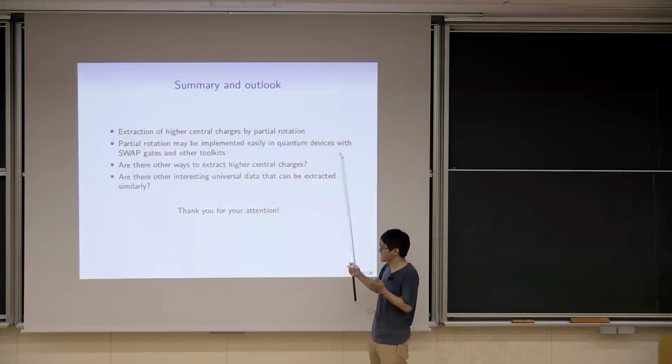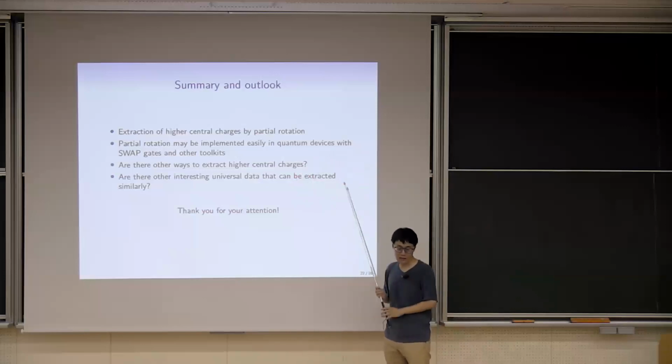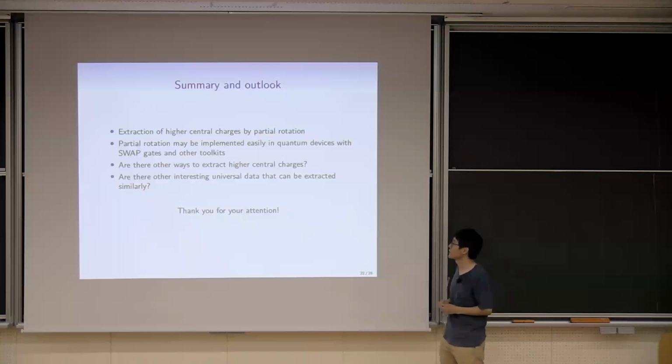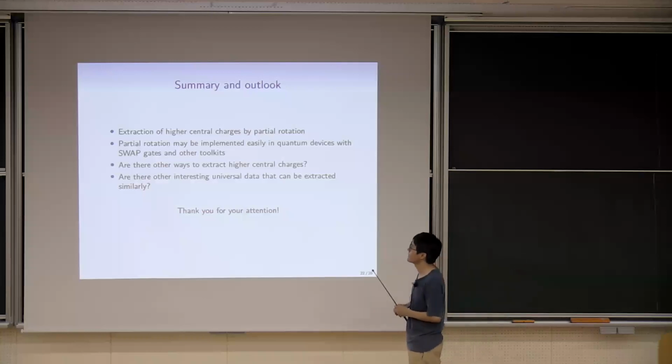So, being optimistic, in the near future maybe the partial rotations we studied in this paper may also be studied in quantum devices. And then we can extract non-trivial information of a many-body ground state, which may be very complicated in principle.